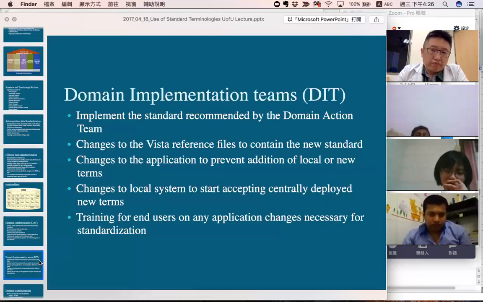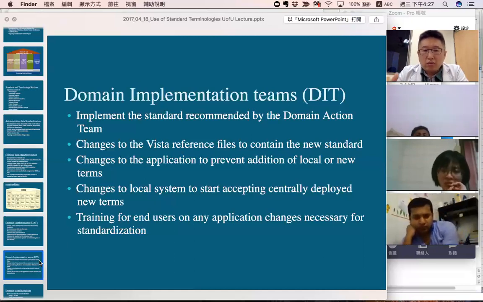For example, in Shanghai Hospital, I guess we don't have enough people to hire a domain action team and also a domain implementation team. I remember my senior was in charge of creating the military, Taiwan's version of the VA system.